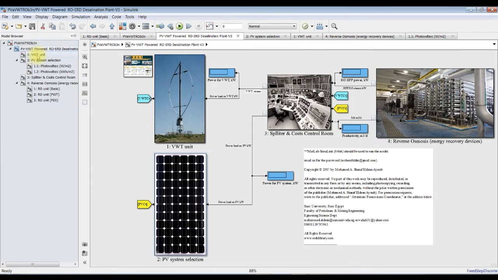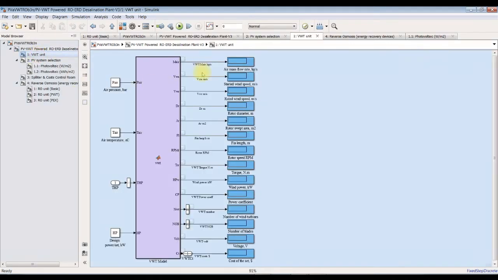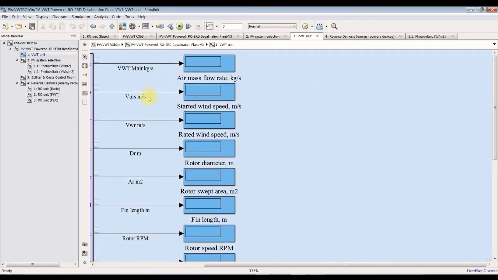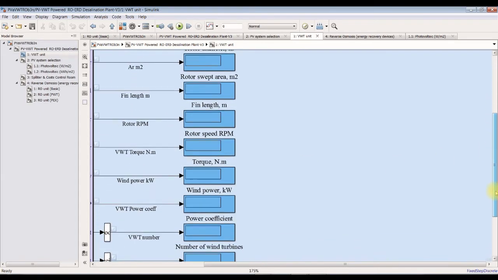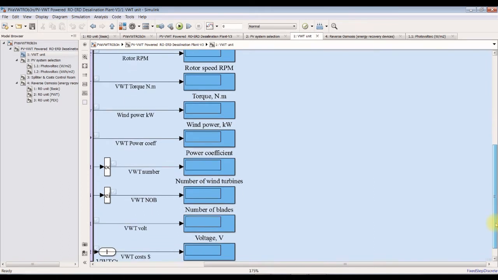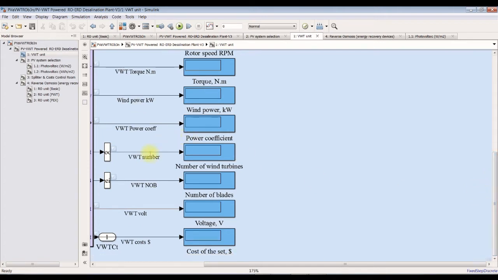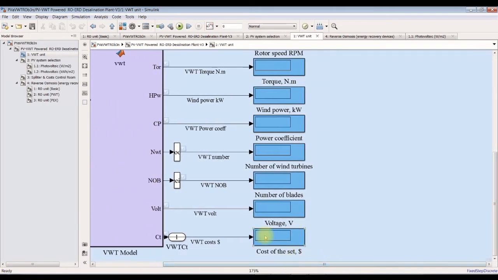But if you go inside the wind turbine, you can calculate mass flow rate, starting wind speed, rated wind speed, rotor diameter, swept area, fin length, rotor RPM, torque, power coefficient, number of vertical wind turbines, and the voltage and cost.